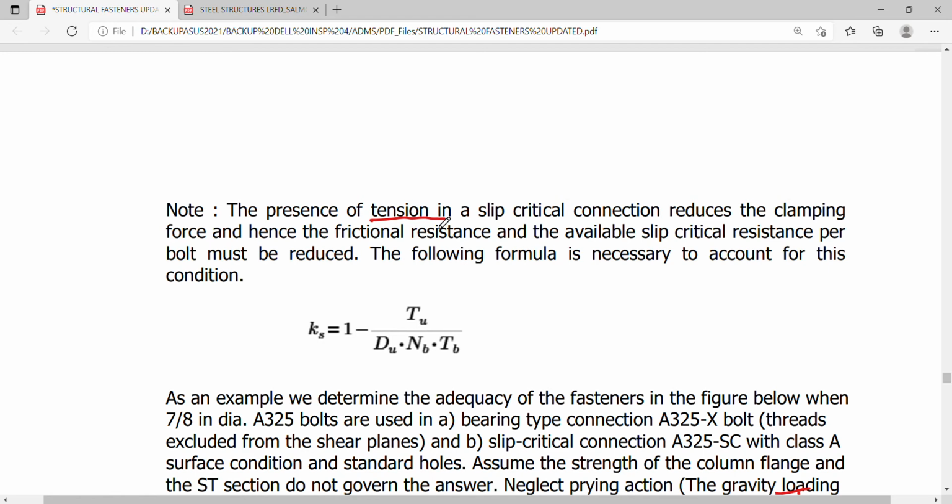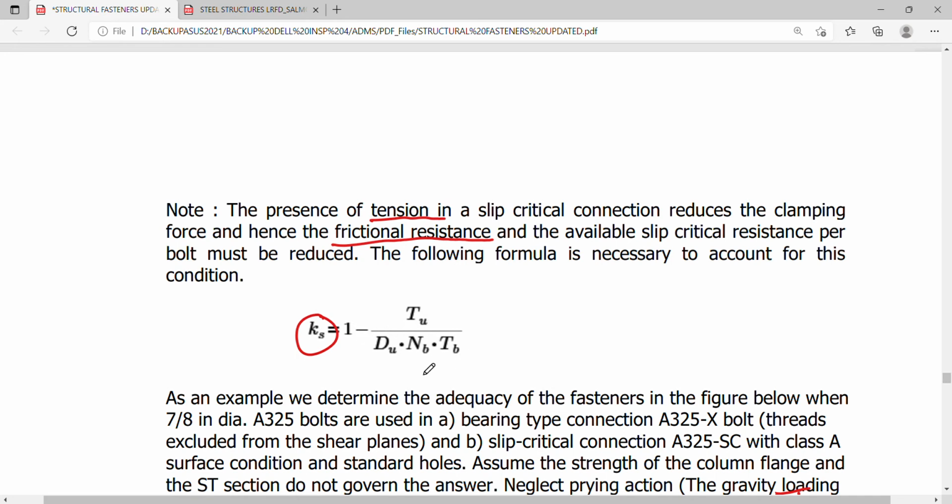Therefore, a reduction in the frictional resistance will be achieved in such condition, and the available slip critical resistance now must be reduced by a reduction factor Ks, equivalent to 1 minus Tu all over Du Nb Tb.